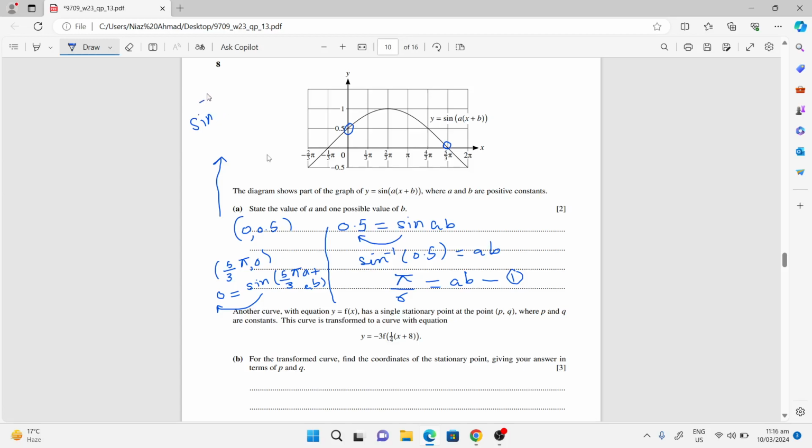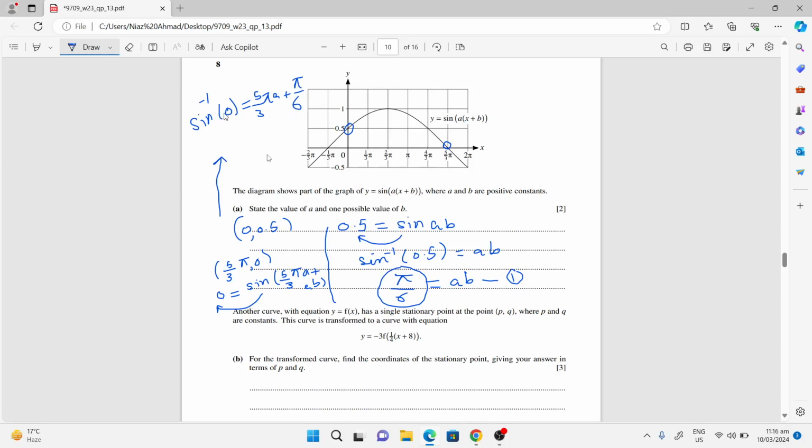So sine inverse of 0 equals 5 by 3 pi a plus b. In the first equation b is equal to pi by 6, so you can write pi by 6 here.